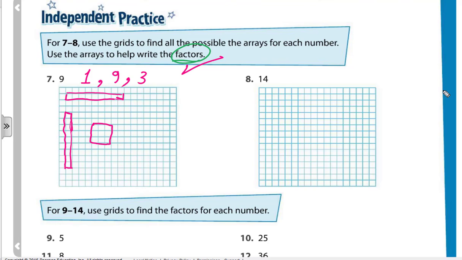Okay, let's go ahead. Muhammad Al-Humaydan, tell me what are the factors that you have? Of course, 1, right? Yes. And of course 14, right? Yes. Okay, what else?